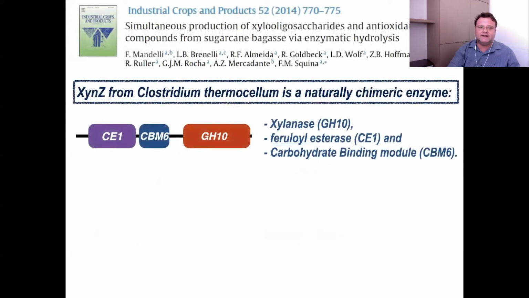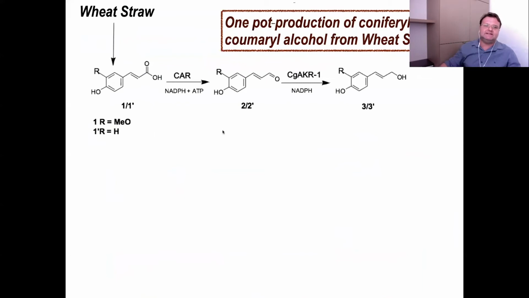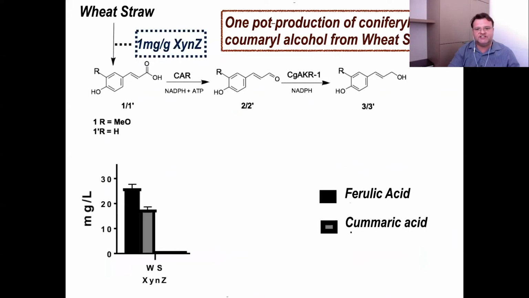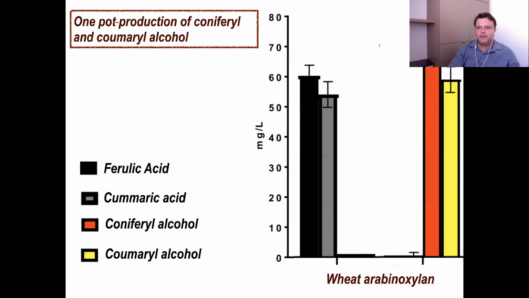Combining with other enzymes described by our study, the xylanase from Clostridium thermocellum, we developed a one-pot system to produce coniferol from lignocellulosic materials such as wheat straw and also wheat arabinoxylan.